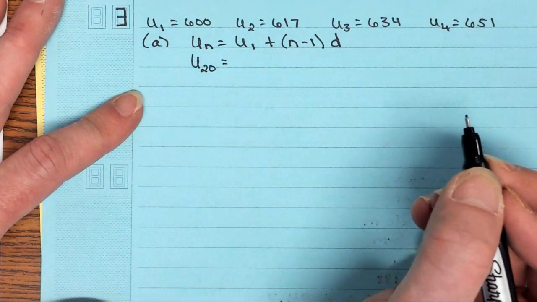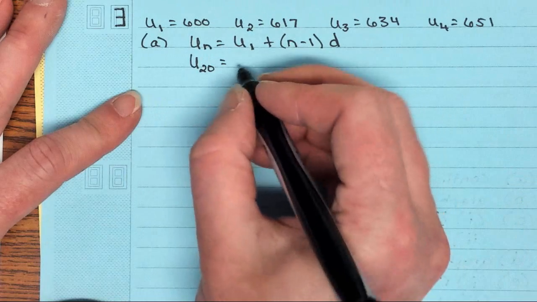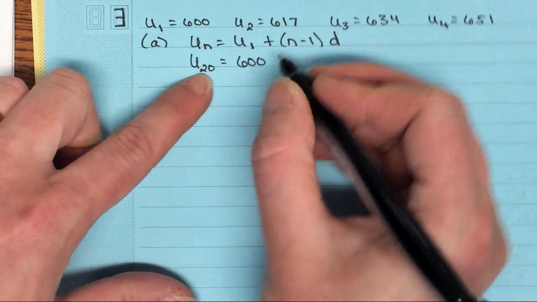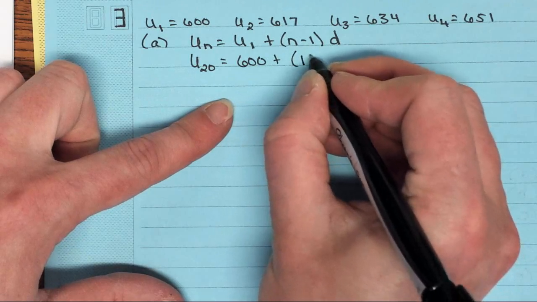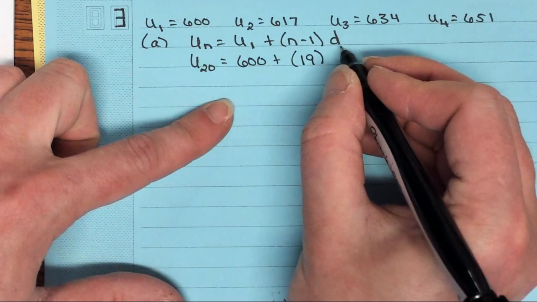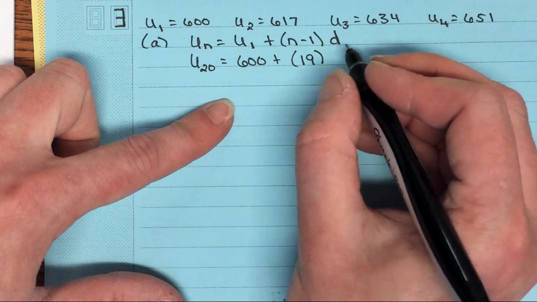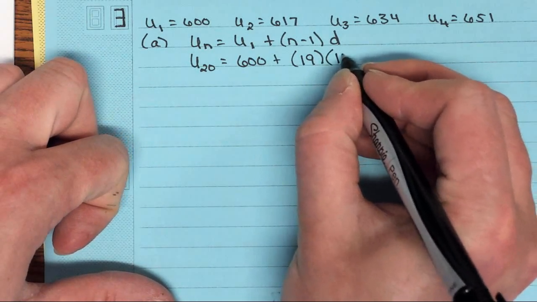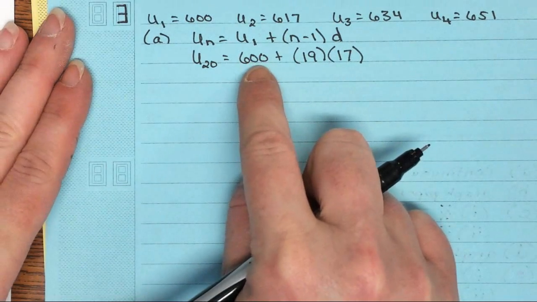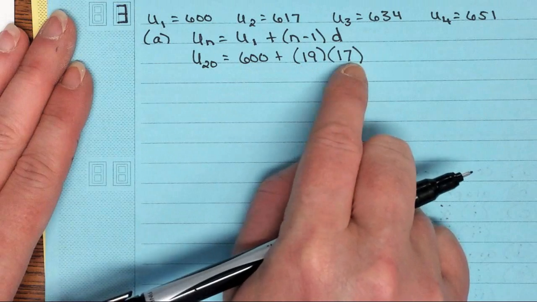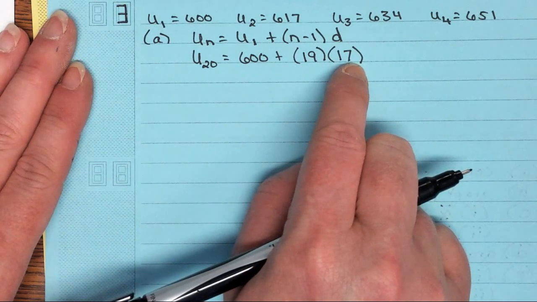U sub 1 would be the first term. 20th term minus 1, so you could write this as 19, times d, which is what we're adding each time, 17. You get a point for picking the correct formula and correctly substituting in the 600, getting 19 there and 17 there.